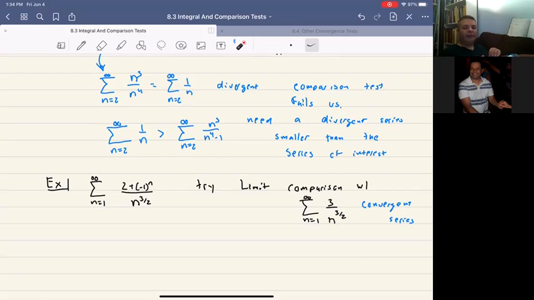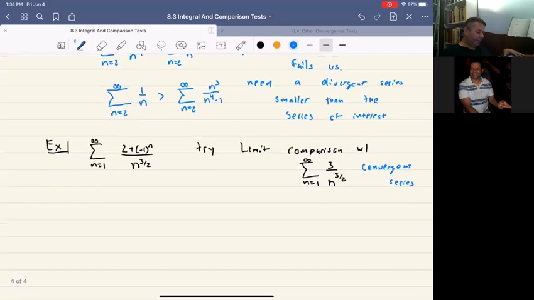So, trying the limit comparison, we're going to see the limit as n goes to infinity of 2 plus negative 1 to the n over n to the 3 halves, divided by 3 over n to the 3 halves.